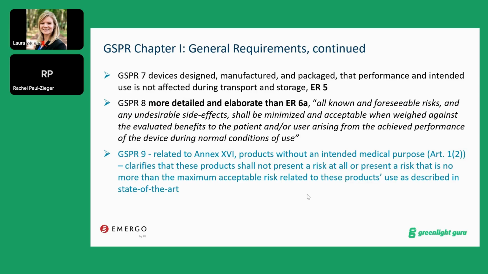GSPR 7 is very close to ER5. GSPR 8 is now more detailed and elaborated than the essential requirement 6. You have the GSPR 9, which is now related to Annex 16 about product without an intended medical purpose. So this is new.